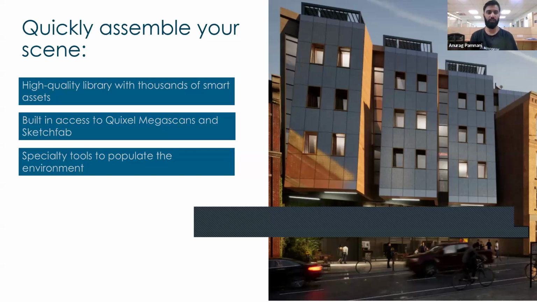Thirdly, the most important tool that comes with Twinmotion is to populate your environment. Initially, we used to copy and paste things multiple times down the project, which takes a lot of effort and time, because sometimes surfaces are uneven and you get stuck copying one by one.